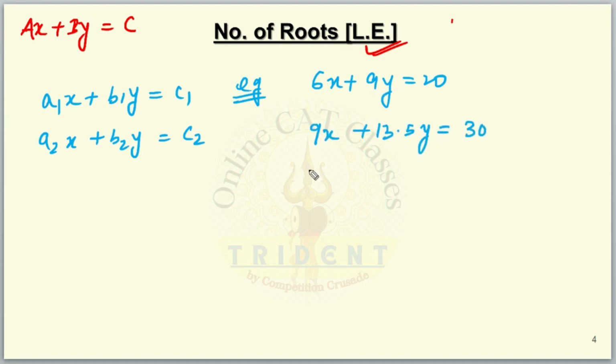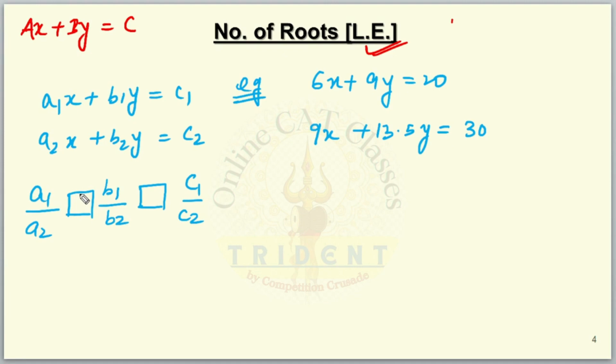If you pay attention to the coefficients, you will realize that the coefficients of x, y and the constant term can be written as a1 by a2, then a bracket, b1 by b2, then a bracket, c1 by c2. Whatever you get in these brackets will define how many roots the linear equation has. If you get an equal to sign, you'll get one result; if you don't get an equal to sign, you'll get something else.